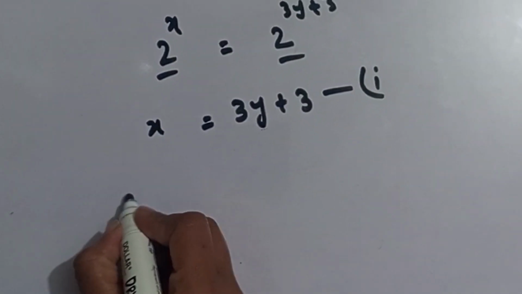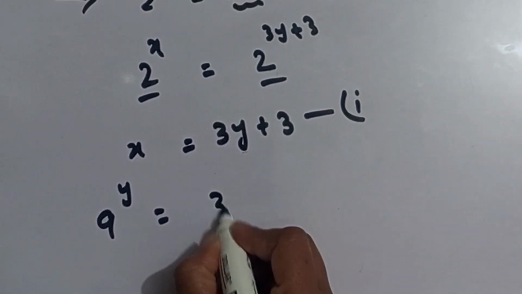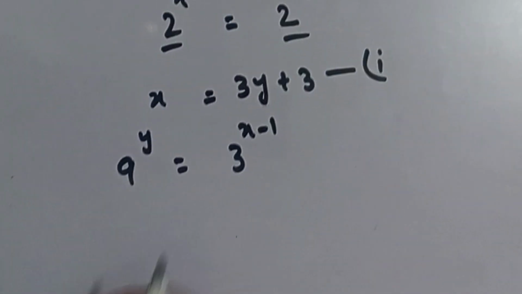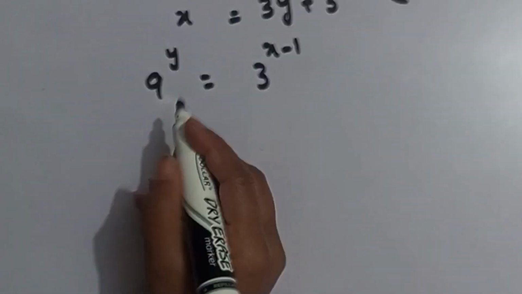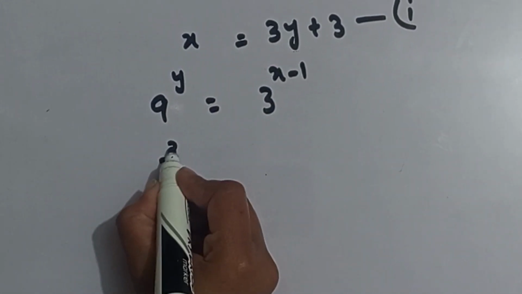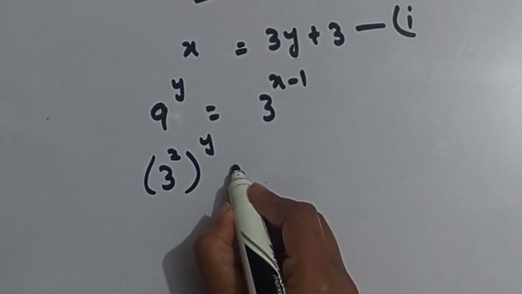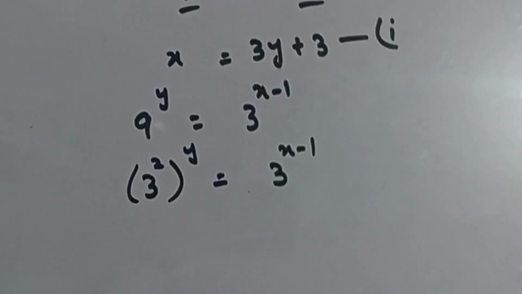Now look at this second equation. We have 9 raised to the power y is equal to 3 raised to the power x minus 1, and in the next step we write this 9 as 3 square, which is equal to 9, and its power is y, equal to 3 raised to the power x minus 1.